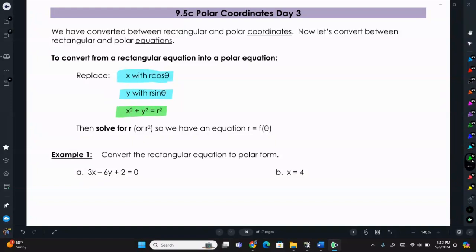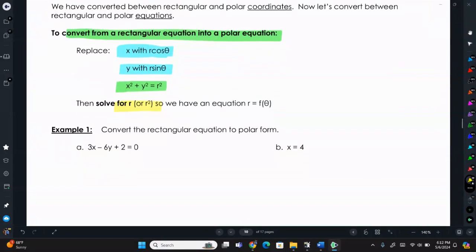That was that Pythagorean theorem that we talked about, but in terms of x squared, y squared, and r squared. So to convert from a rectangular equation to a polar equation, we're going to use those three definitions, and then we're going to solve for r or r squared, depending on the problem.